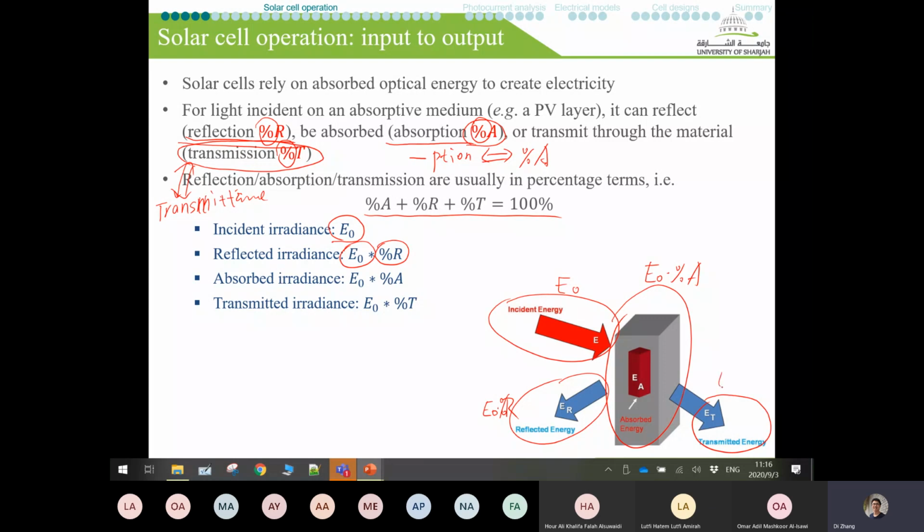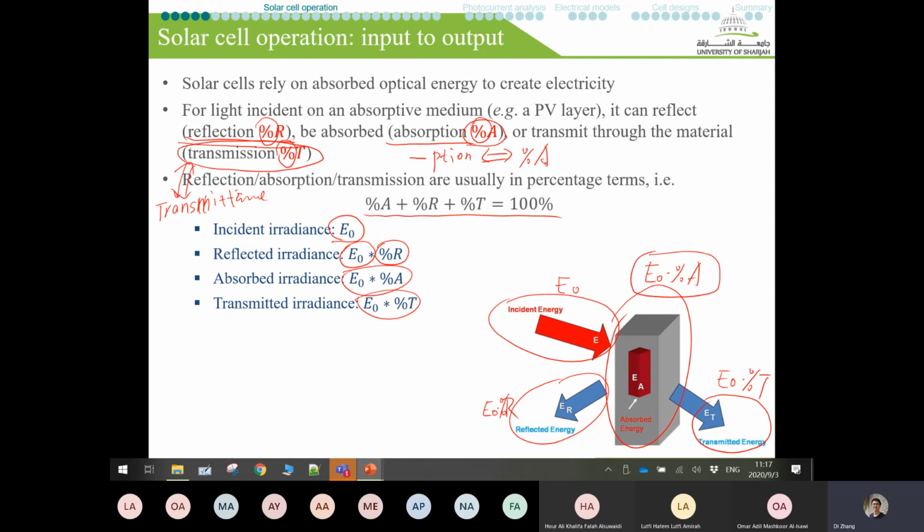And finally, the last one is E0 times percentage transmission. So we have all the terms shown here in this slide, describing the 3 possible phenomena: reflection, transmission, and absorption. Obviously, we are most interested in the absorption phenomenon.